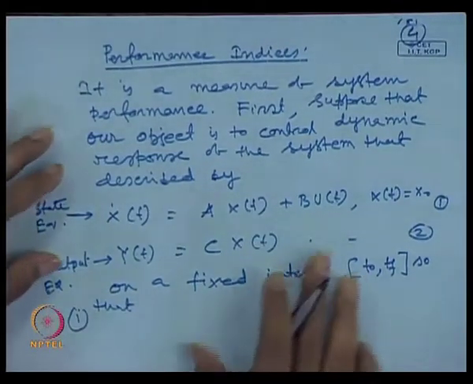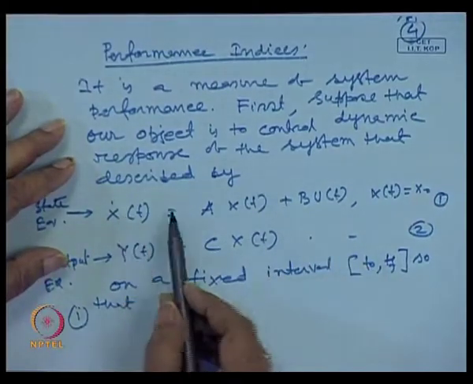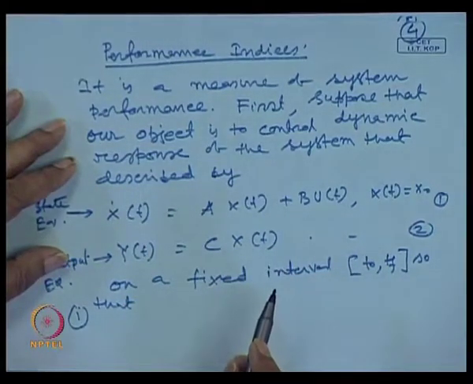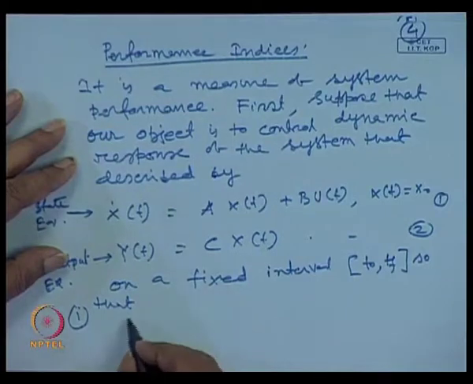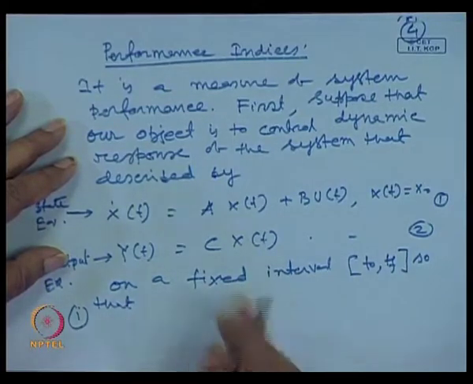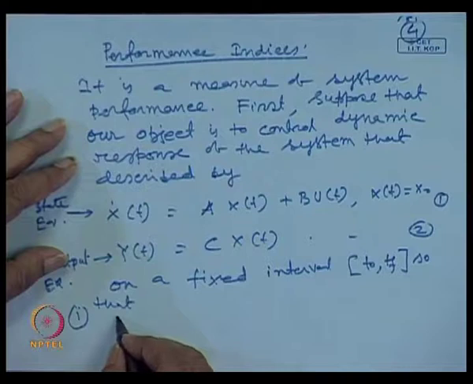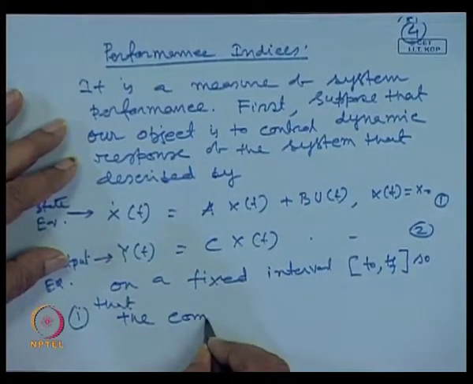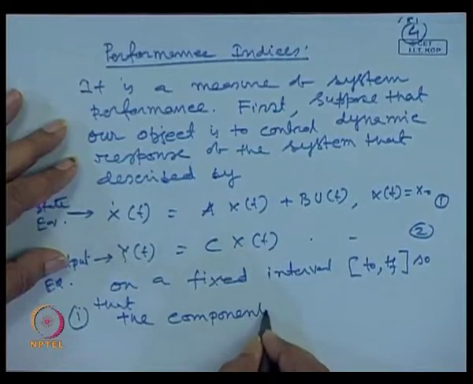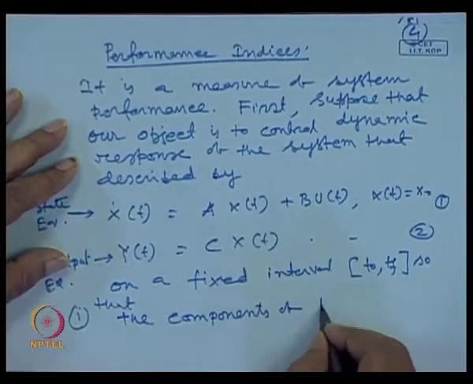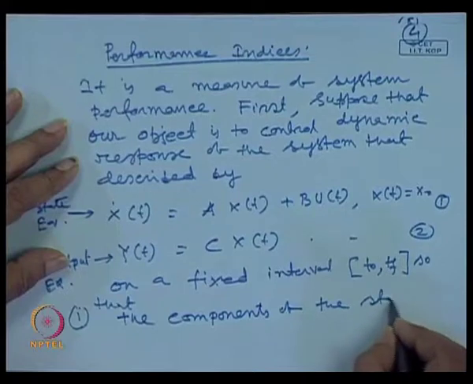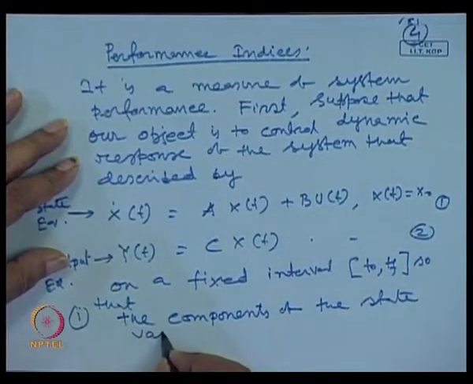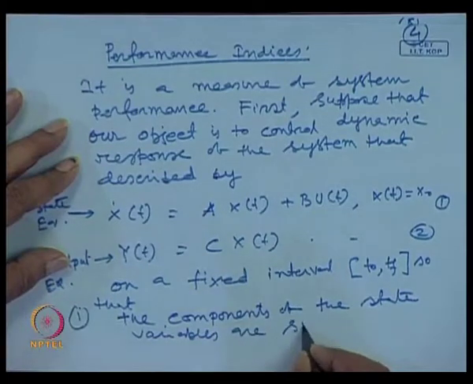What is our objective? Our objective is to get the components of the state variables x to be small. So, our problem is to design a control law u such that the components of the state variables are small.